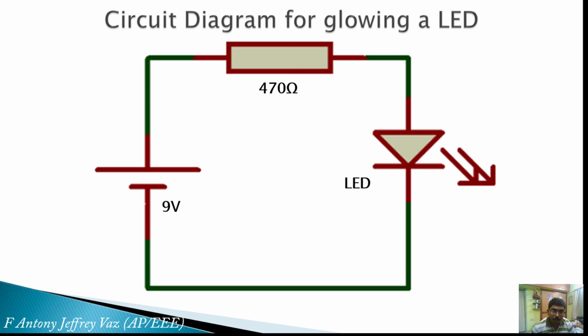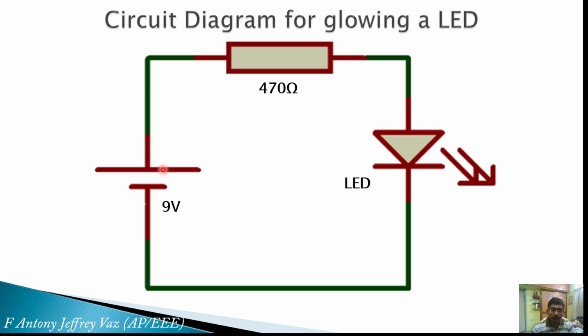This is the circuit diagram for glowing an LED. This is the battery of 9 volt, this is the resistance of 470 ohm, and this is the LED. All these elements are connected in series.